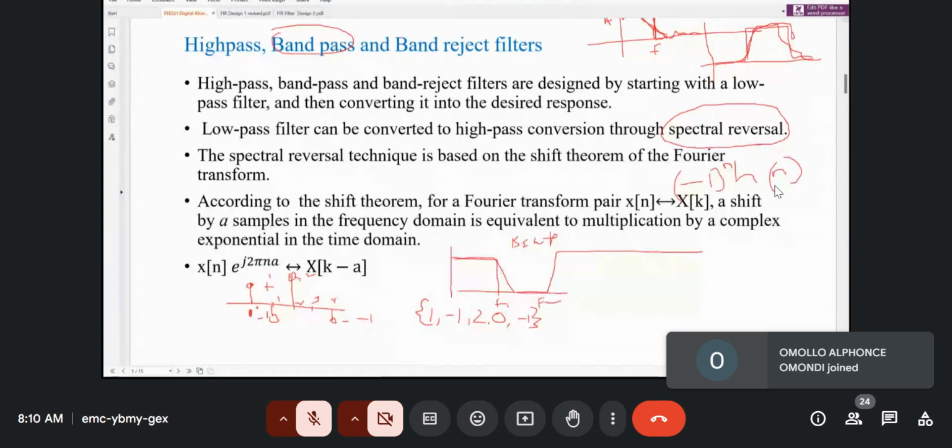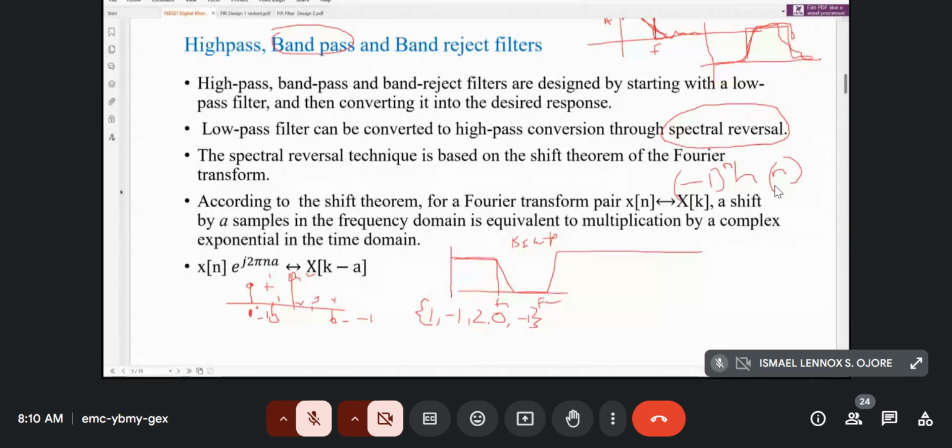When you're designing digital filters, normally you can either start with a low pass filter and then through some methods convert it into a high pass filter, or you can design it in the continuous time domain, the analog domain, what we are used to, especially because a lot of design has been done.